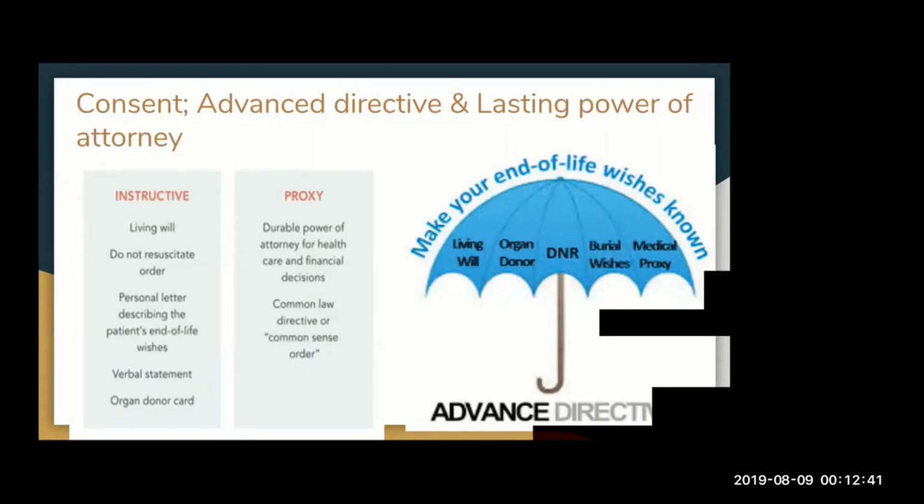The lasting power of attorney may involve a medical decision or a financial decision, like payment for the expense of, for example, hospice care, or whatever payment procedure, insurance. It will be his decision.